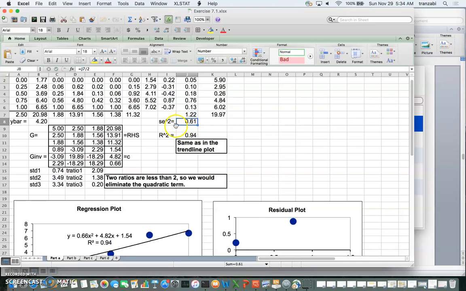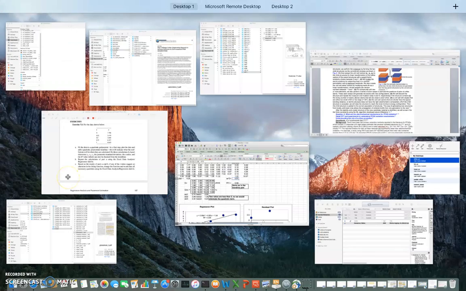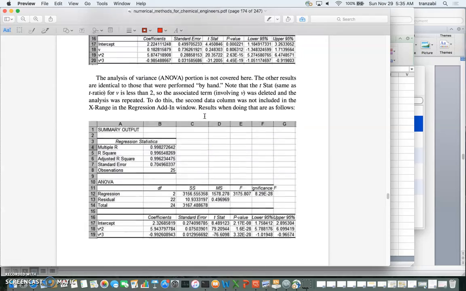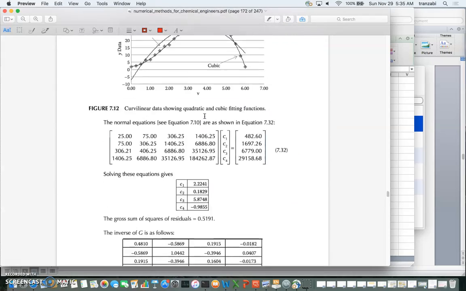So we get SE squared, and we can go ahead and calculate G inverse, which is the inverse of G, and then we can calculate the standard deviation matrix, or the variance matrix, which was SE times the G inverse. So we go back just to make sure that we are on the right track.